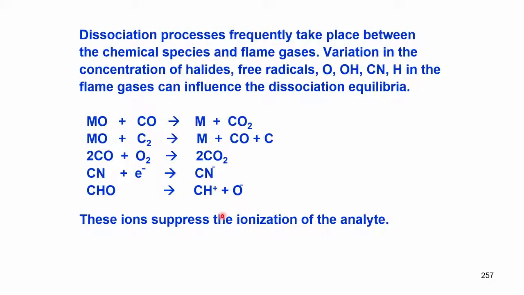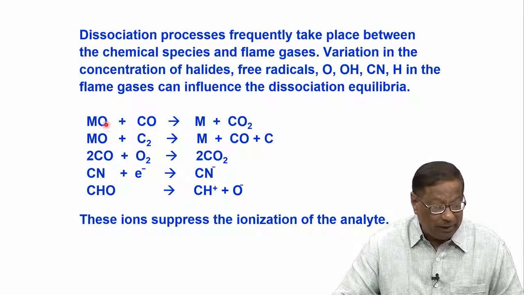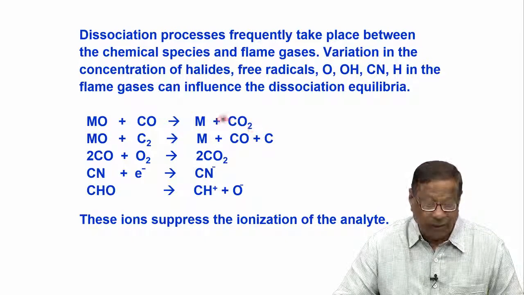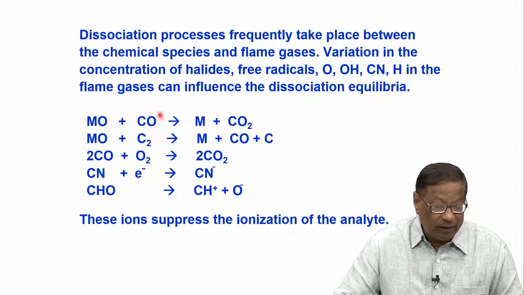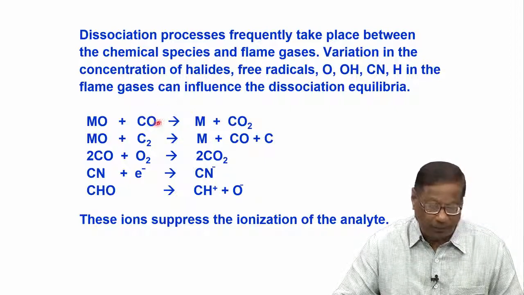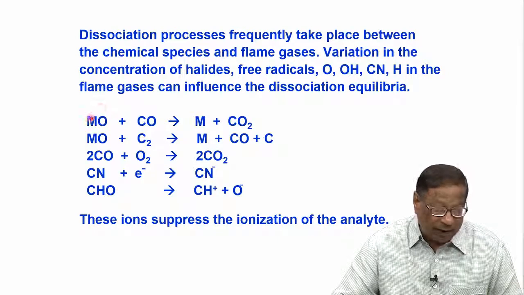So, what are the types of reactions that occur? Dissociation processes take place frequently between the chemical species. For example, metal oxide plus CO goes to metal and CO2. Here production of metal atoms occurs, because CO is there in the flame and metal oxide is coming from the sample.